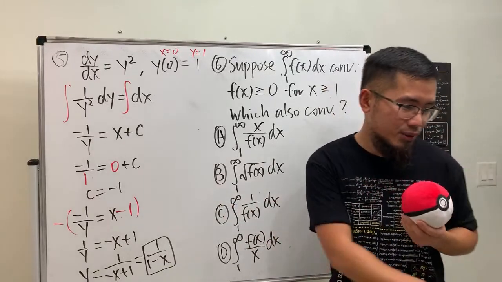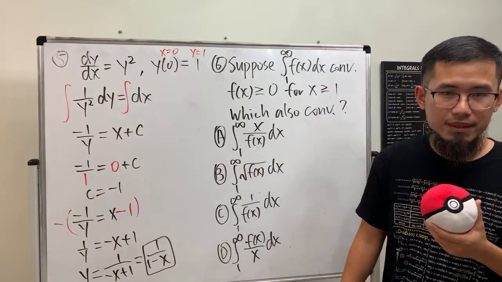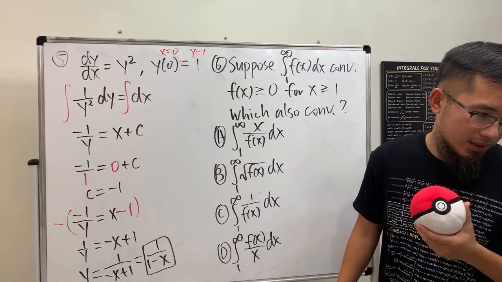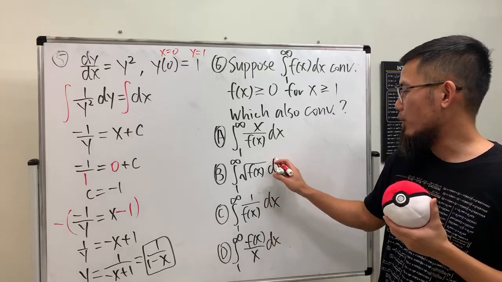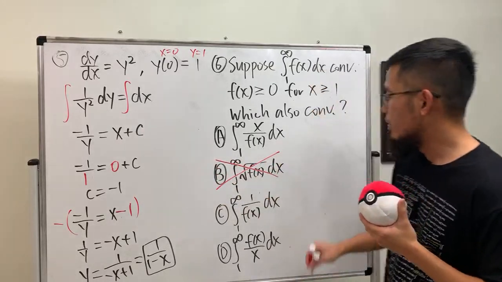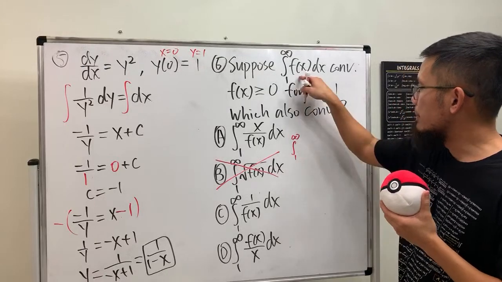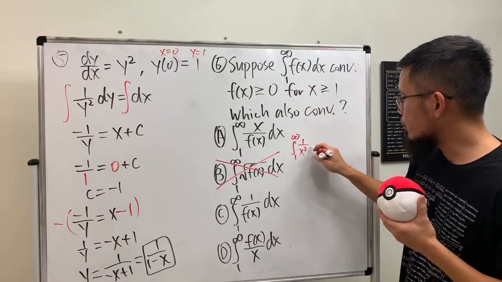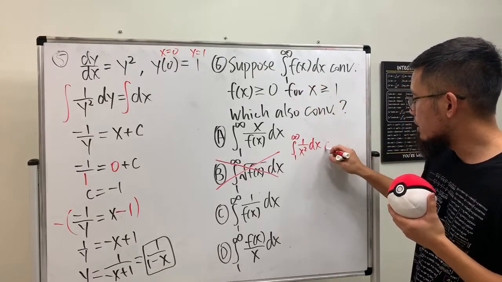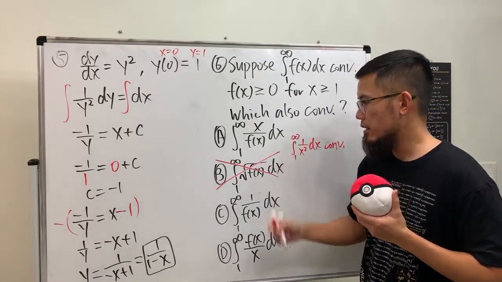And I know some of you are putting down the correct answer. The answer is actually not B though. Why though? Let me show you. The integral from 1 to infinity, suppose f of x is 1 over x squared. By the p integral, it converges, right?